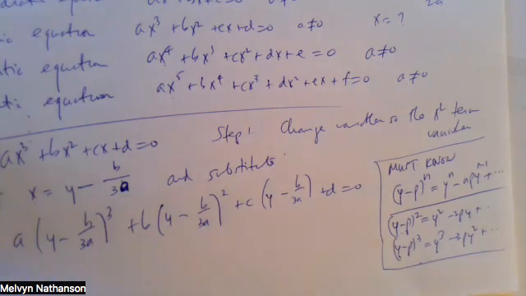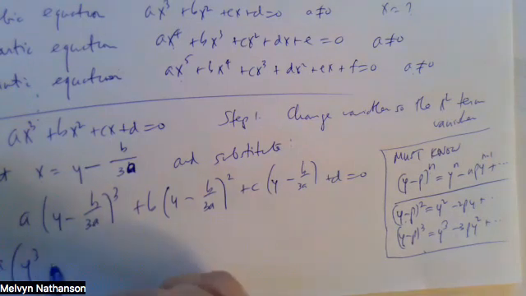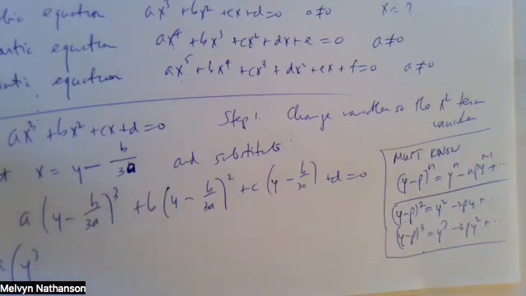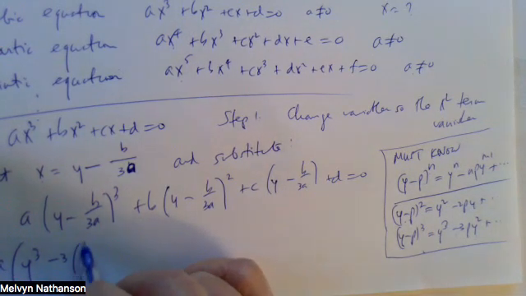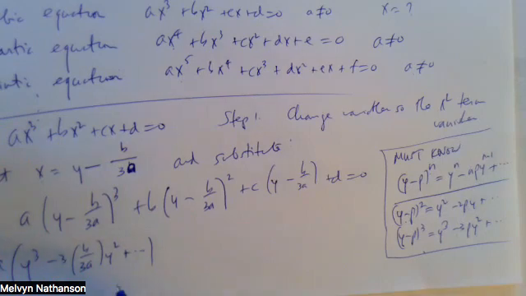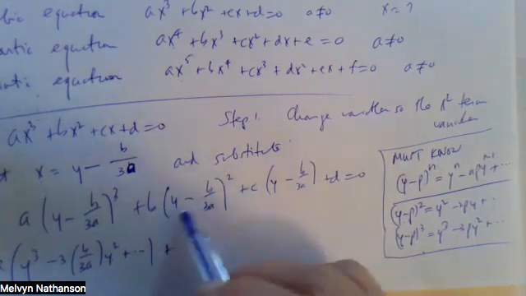So when you expand this, what do you get? You get a y cubed. My p in this case is b over 3a. So y cubed minus 3 times b over 3a times y squared plus lower order terms. Lower order terms means lower powers of y. What do I get when I expand this?